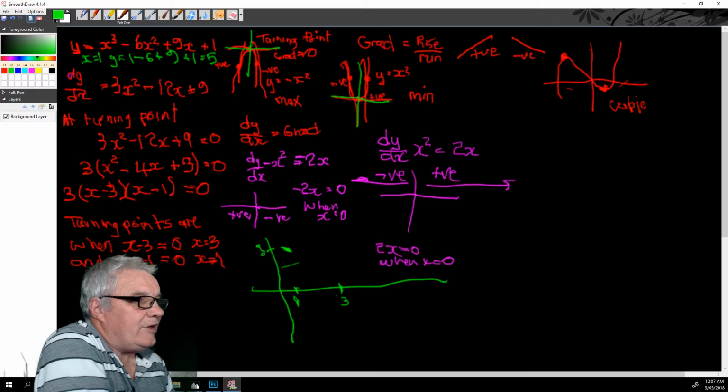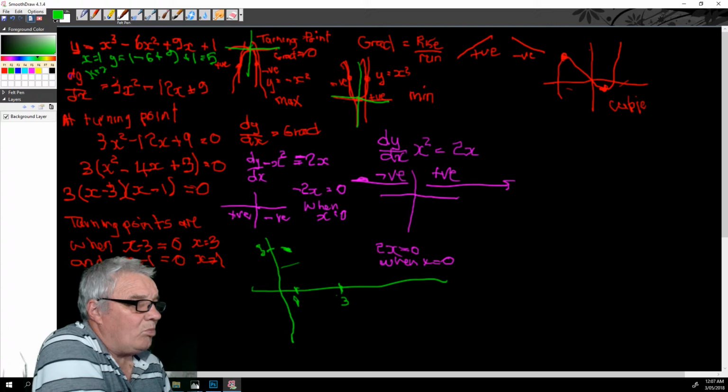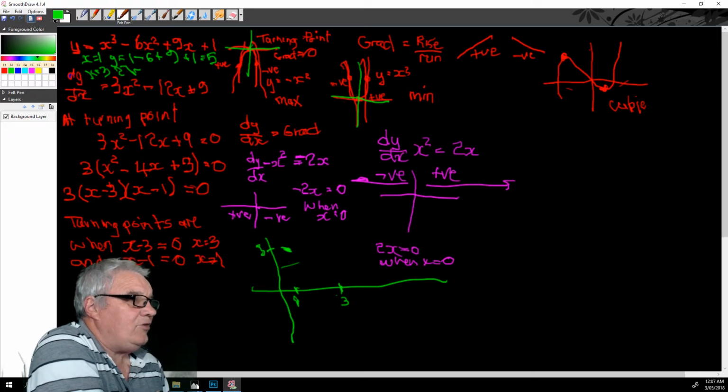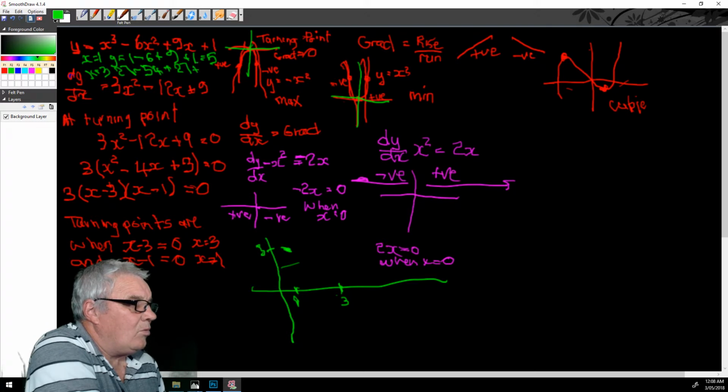And when x equals 3, we're going to get 27. 3 cubed is 27, minus 3 squared is 9, 6 nines are 54, plus 27, plus 1, and that equals 5, right?